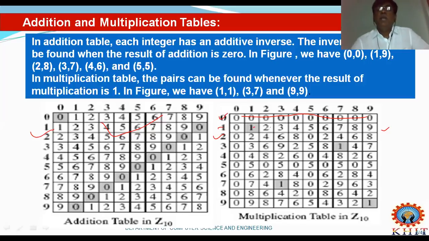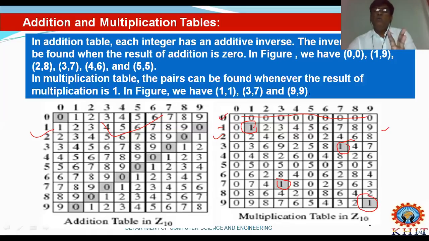If you observe this multiplication table, we got only a few ones in the table. First one is this one, then this is another one, next this is another one, and one more, this is another one.